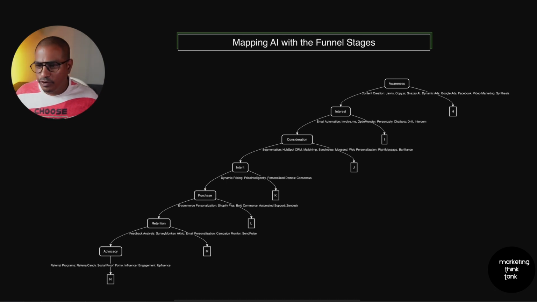So what we're going to do on this screen is try to understand what happens in the awareness stage that we didn't know already. Now let's talk about it. When you speak about awareness in the traditional environment, what did you do?